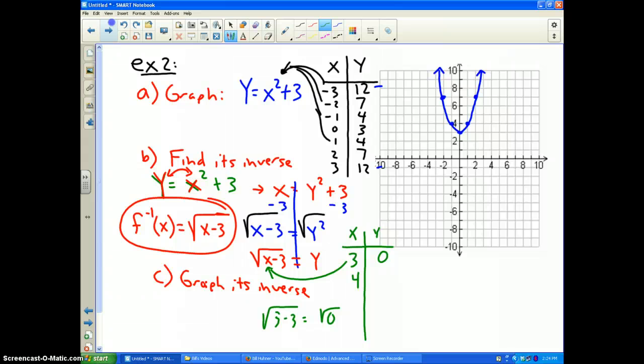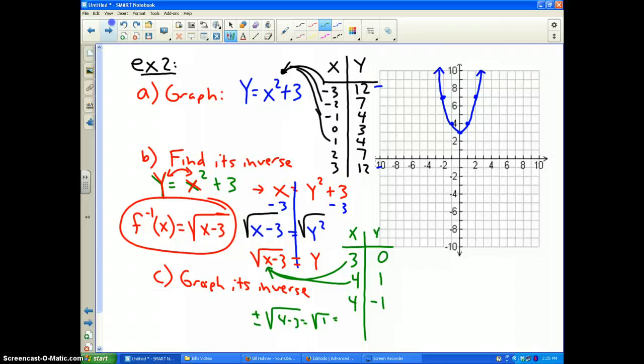Now, we're going to pick numbers that work out nicely. 4. Now, I can put a 4 in there, and what I'm going to get is the square root of 4 minus 3, which is the square root of 1, which is equal to positive 1, or we could have negative 1, because remember it's plus or minus when you solve these guys.